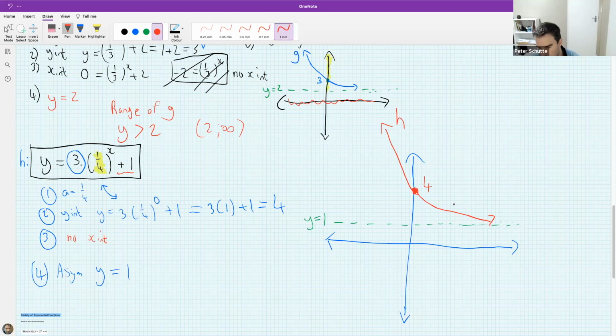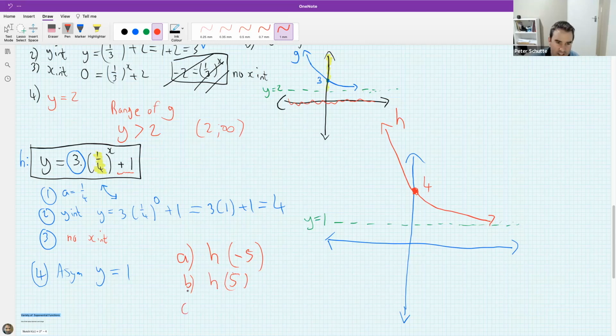As x gets bigger, y gets smaller. Bonus questions. Find me the h of -5, and then find me the h of 5.